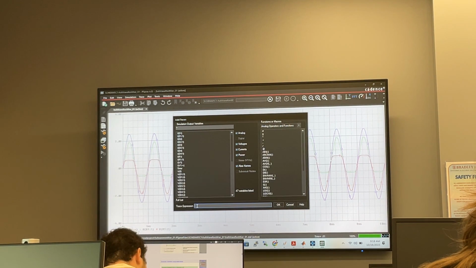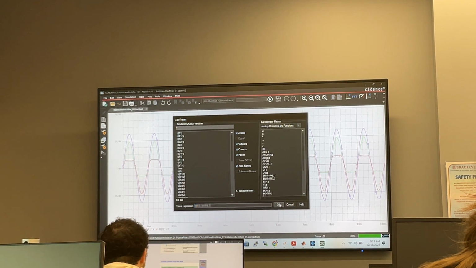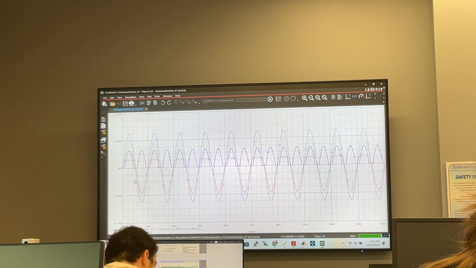It is V R1, voltage across R1, its pin number node 1, minus V R1 and it is node 2. You see that? So if you click OK, do you see?